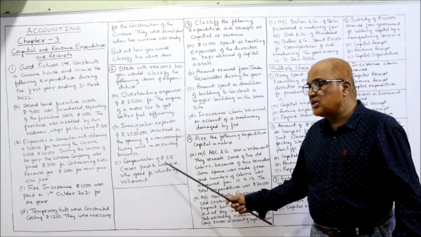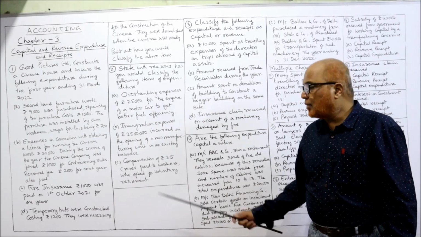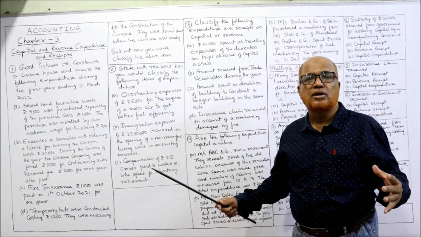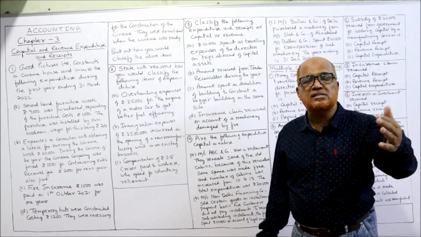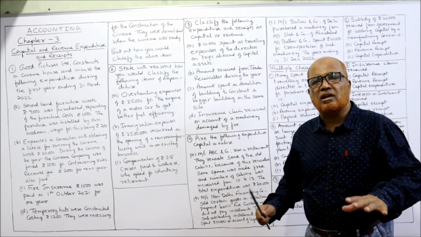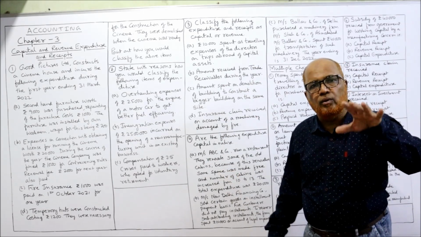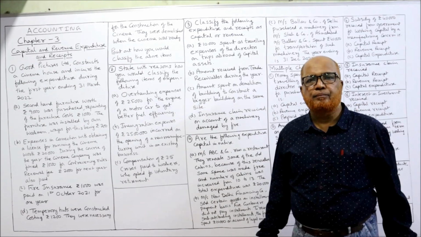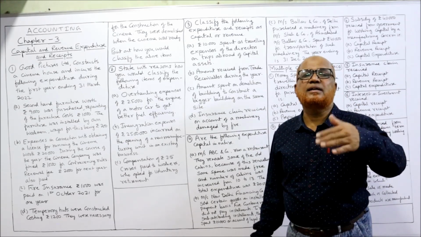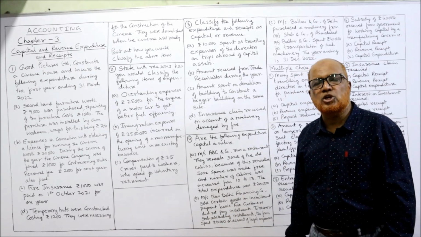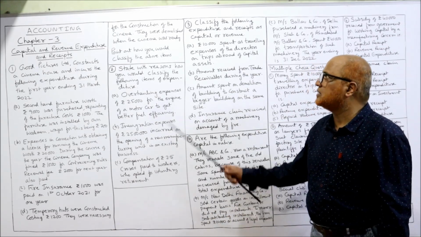But as the amount is very huge, 2.5 crore rupees, it is better to defer this expenditure for future years. Instead of charging the revenue expenditure completely during the current year, it is suggested to defer it over a period of time, like write off over 10 years. Like that we can treat the compensation paid on voluntary retirement.